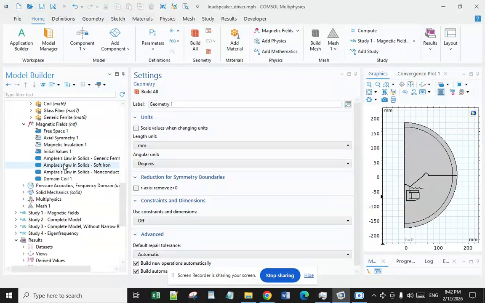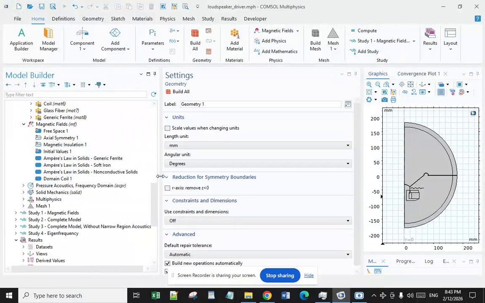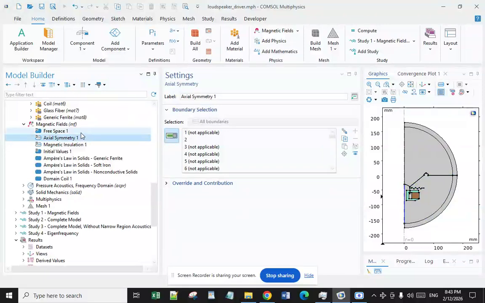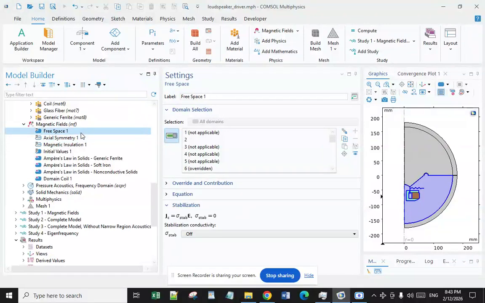And the next ones are pressure acoustics frequency domain and magnetic fields, because we have a coil and there is a circle here and we have a magnetic material as a generic ferrite, for example. You see that we have used the free space and the geometry that you can see with a specific stabilization.